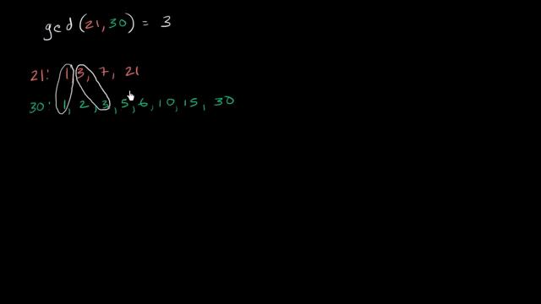Now, I keep talking about another technique. Let me show you the other technique, and that involves the prime factorization. So if you say the prime factorization of 21, well, let's see, it's divisible by 3. It is 3 times 7. And the prime factorization of 30 is equal to, let's see, it's 3 times 10, and 10 is 2 times 5.